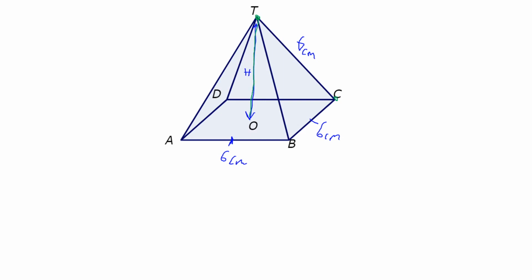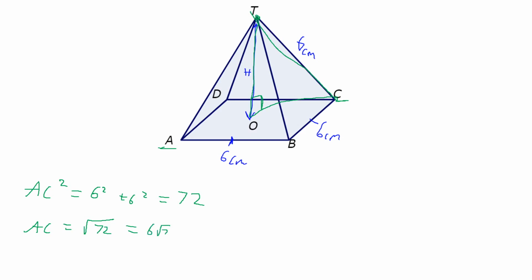This is the same as a triangle that looks like this, where this is a right angle. So, first thing we need to do is work out what AC is. AC squared is just going to be equal to 6 squared plus 6 squared, which is the same as 72. So AC is equal to the square root of 72, which is 6 root 2.